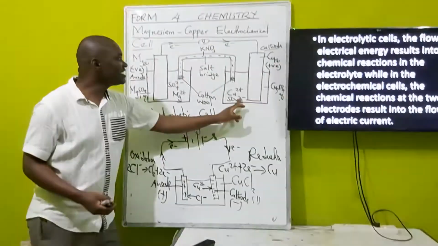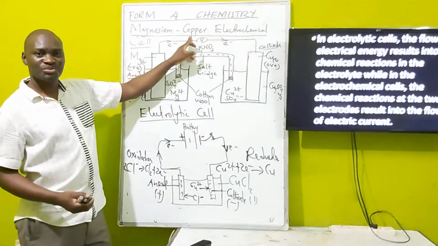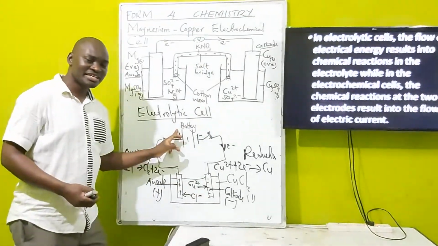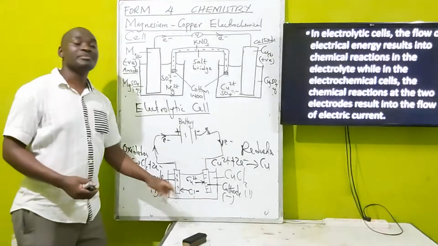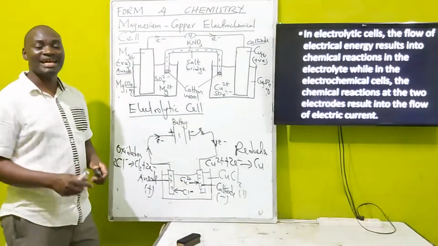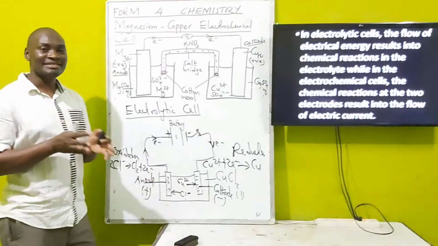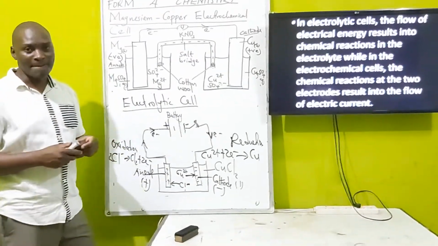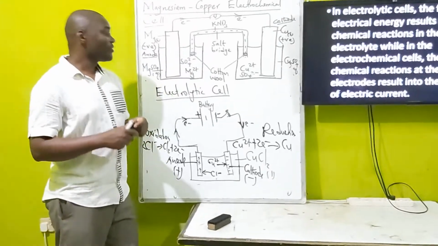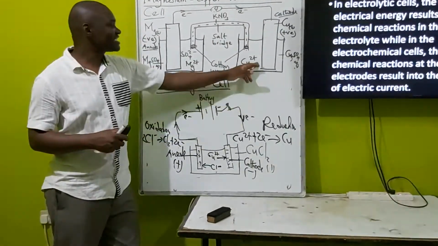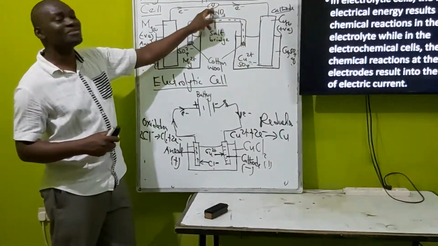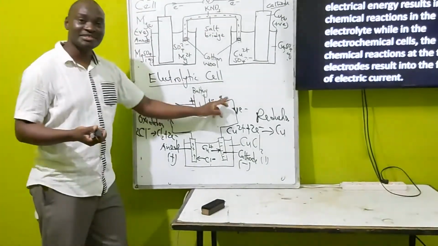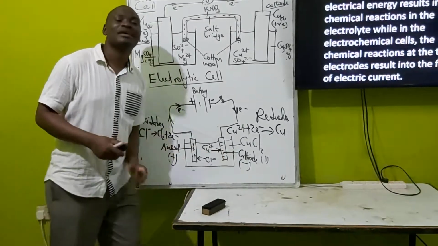Reactions giving electrical energy here; electrical energy giving chemical reactions there. Remember, electrochemistry is the study of the relationship between electrical energy and chemical reactions, where in some cases chemical reactions give electrical energy, while in other cases electrical energy will give chemical reactions.